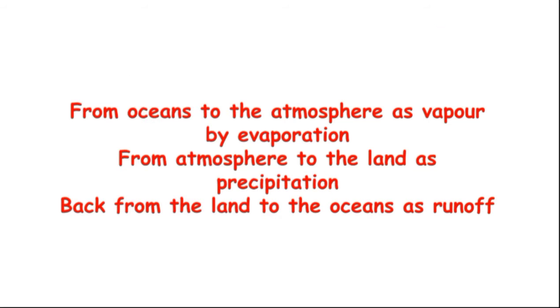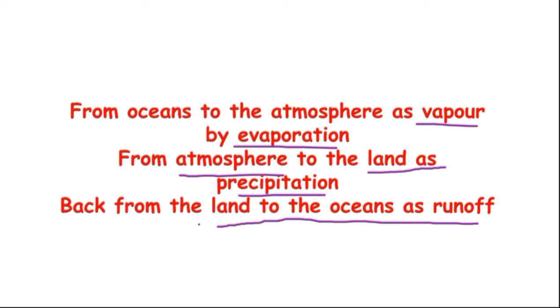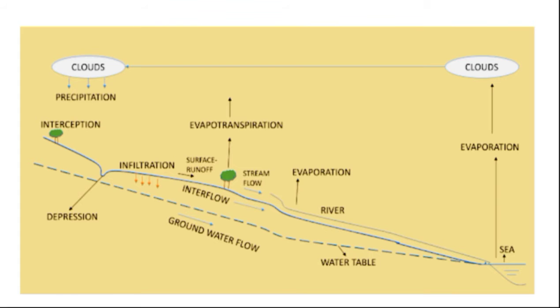Water is transported from the oceans to the atmosphere as vapor by evaporation, and from the atmosphere to the land as precipitation, and back from the land to the oceans as runoff, which can be well understood from the schematic diagram of the hydrologic cycle.